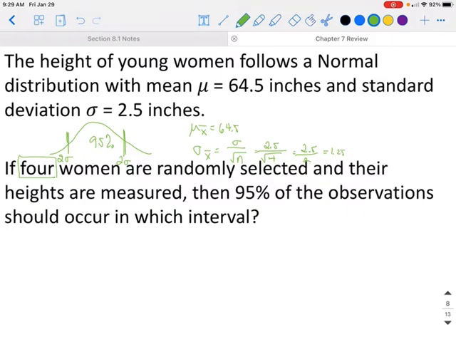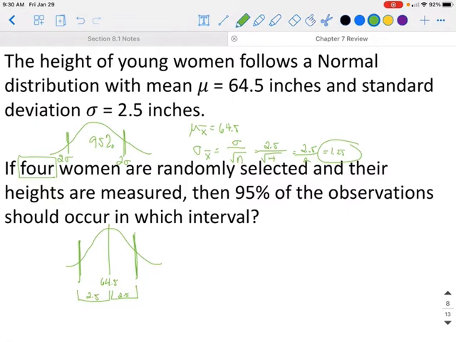So if on this bell curve our center is at 64.5, and we know that 95% of the data falls within 2 standard deviations, if one standard deviation is 1.25, then 2 standard deviations would be 2.5.